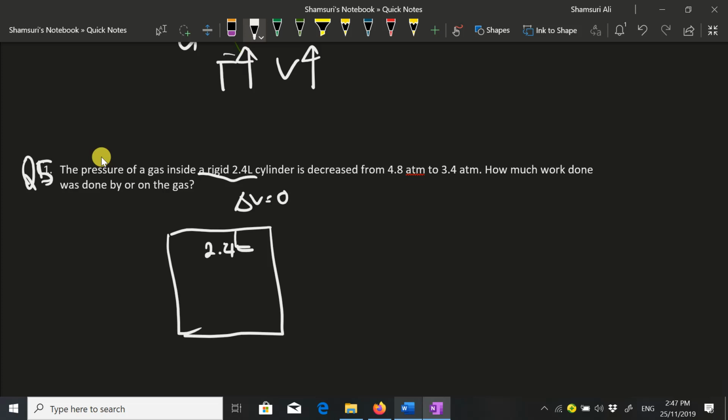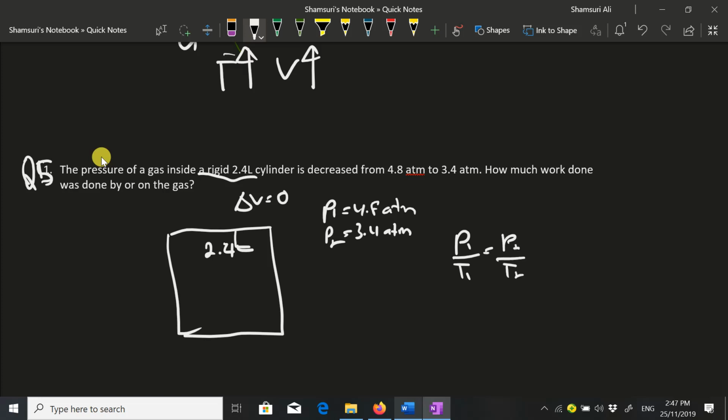And then the pressure is changed from P1 4.8 atm to P2 3 atm. So we know the formula is P1 over T1 is equal to P2 over T2.